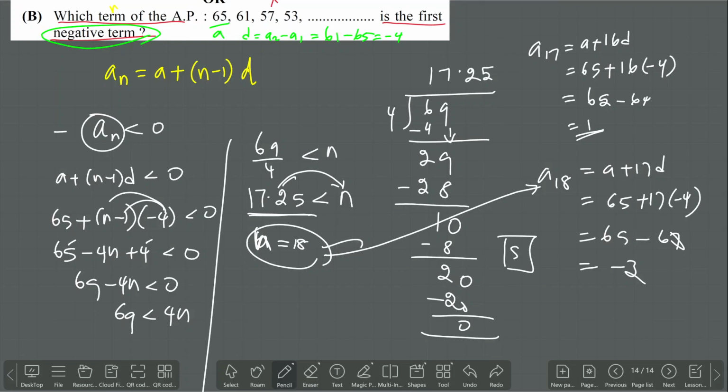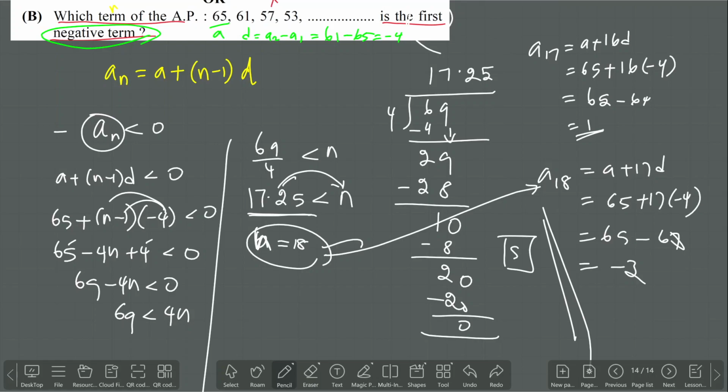The question is which is the first negative term of the AP. As per the rule, n value above 17.25 is the first negative. We cannot give n in decimal, so above 17 in the sense 18. So 18 is the first negative term of the AP.